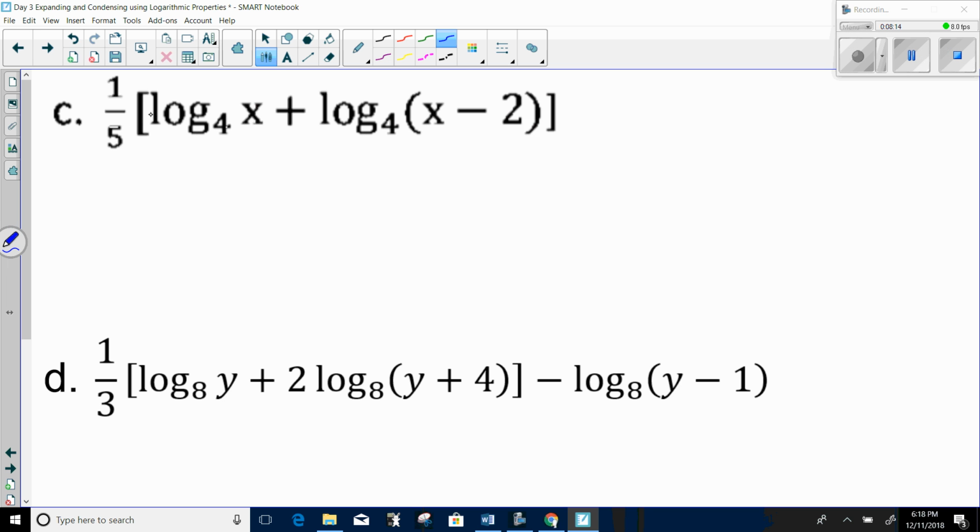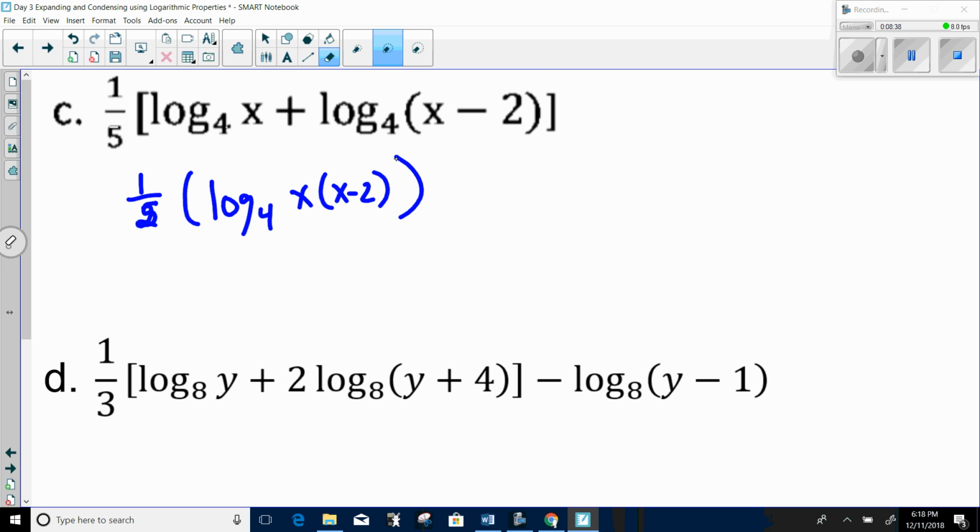Okay, now we get to one that's a little bit harder. Notice this 1/5 is going to impact both of these, because it's on the outside of the bracket. So you can go ahead and put that together. That's going to be 1/5, not 1/2, and this would be log base 4 of x times x minus 2. I don't necessarily need the parentheses around the whole thing.